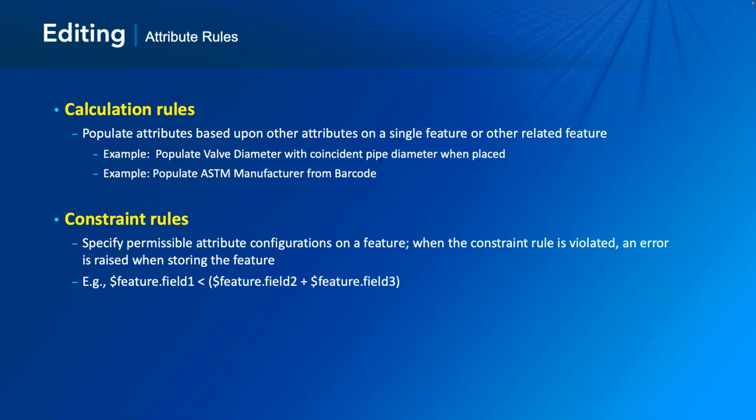The other is constraint rules. I think this is probably the most powerful part of the utility network. If it's set up correctly, it allows us to only put valid data into the model. So a constraint rule would say, hey, if I have a 12-inch pipe and a 14-inch pipe, then put a reducer in the middle. That's a rule to constrain that value, right?